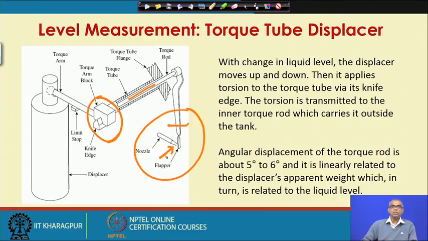So, accordingly, an amplified pneumatic signal can be generated using the flapper nozzle system. So, that is the purpose of the flapper nozzle system. It can amplify the angular displacement of the torque rod, which is a measure of the liquid level.